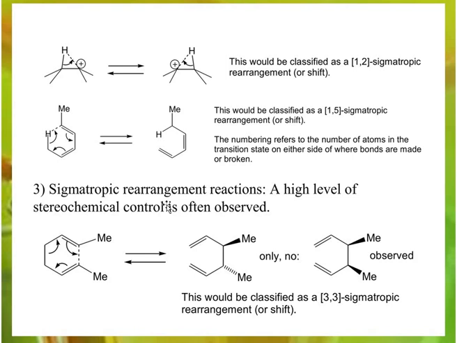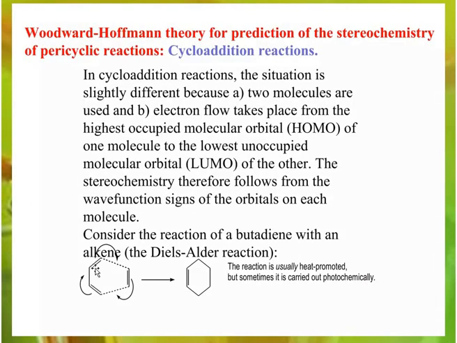The numbering refers to the number of atoms in the transition state on either side of where bonds are made or broken. Look at this example, a sigmatropic rearrangement reaction, where a high level of stereochemical control is often observed, and this would be classified as a 3,3 sigmatropic rearrangement or shift.